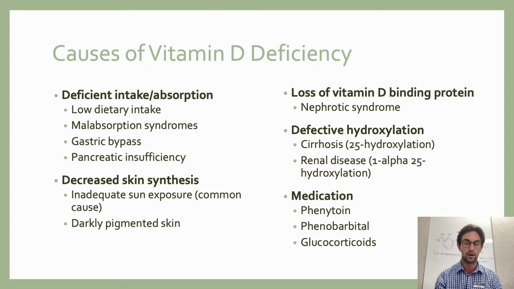Then there's loss of vitamin D binding protein, the protein that's responsible for transporting vitamin D. If you're losing that through pathology such as nephrotic syndrome, you can have a reduction in your total vitamin D. And defective hydroxylation reaction, so that conversion from calcidiol to calcitriol in the kidneys, and also the reactions that occur in the liver. If you've got problems with either of those, you can have a reduction in your vitamin D. And certain medications such as phenytoin, phenobarbital, glucocorticoids, there's a long list, but they're the more common ones which can affect your metabolism of vitamin D.